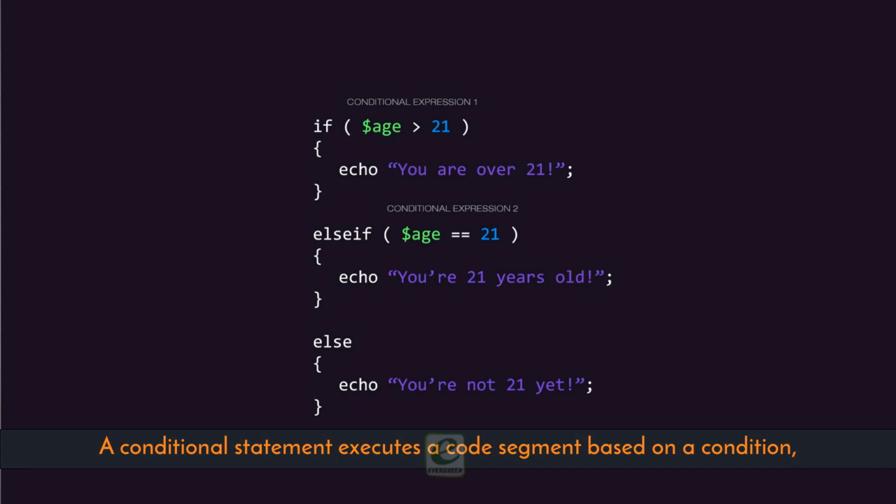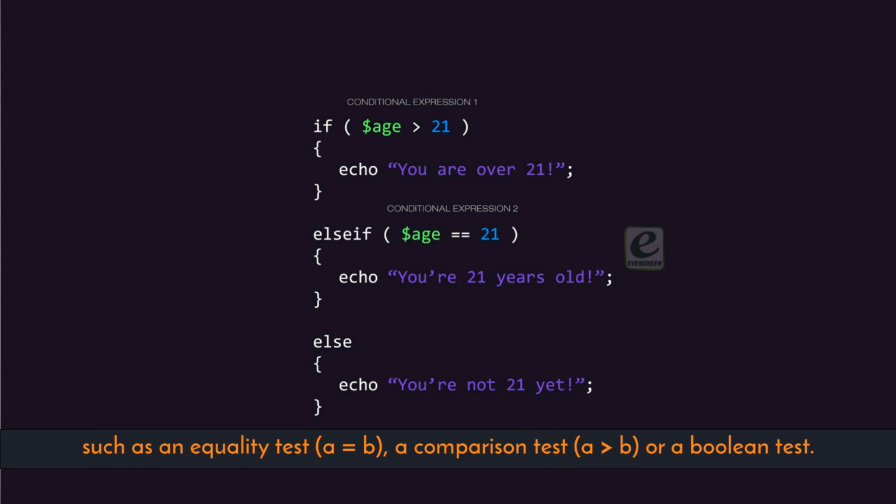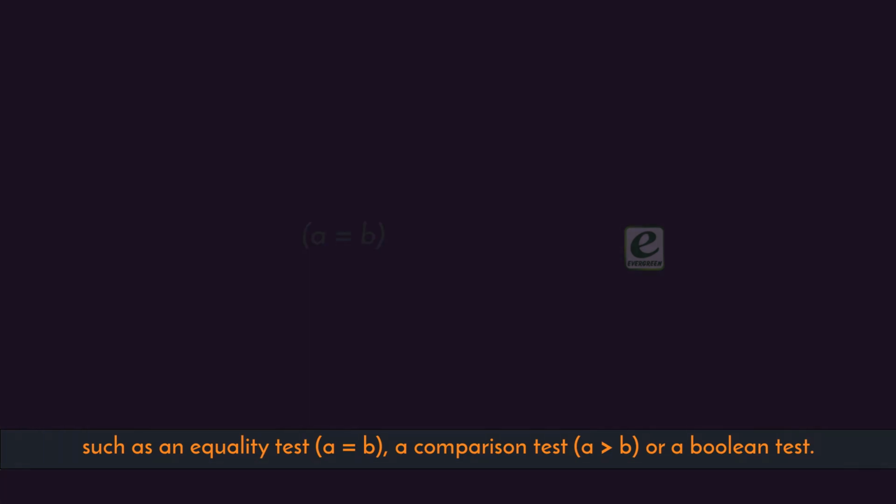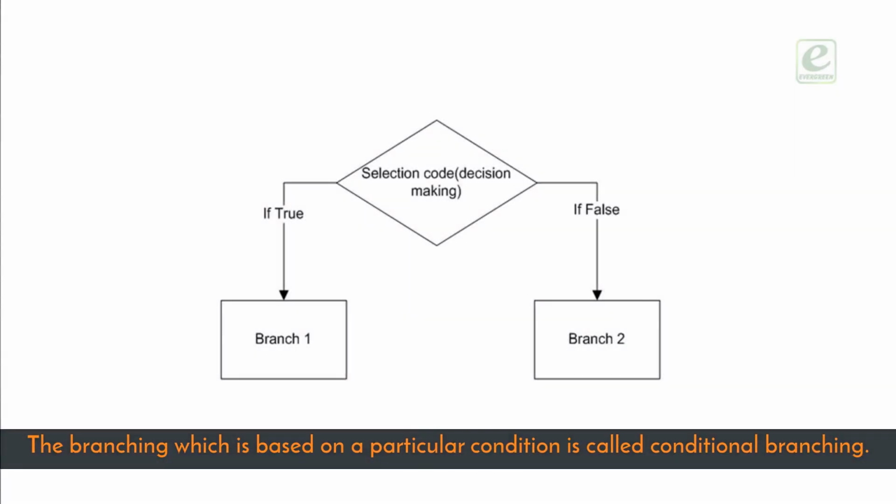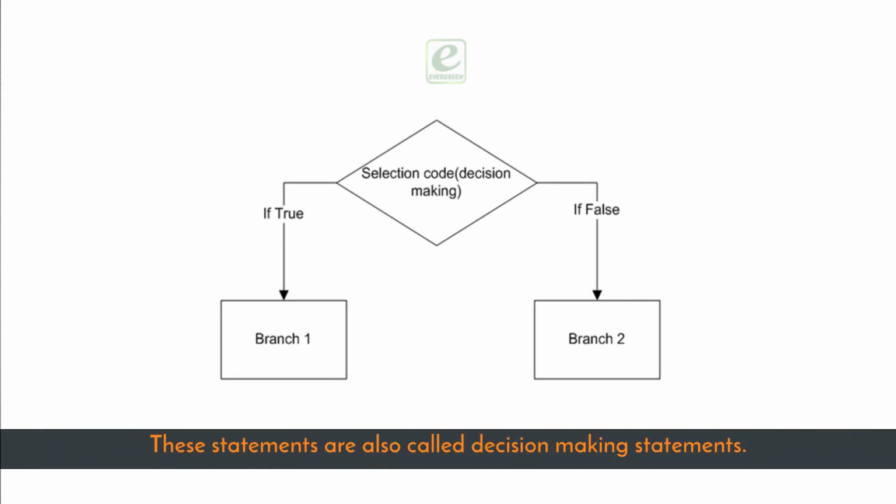A conditional statement executes a code segment based on a condition, such as an equality test, A == B, a comparison test, A > B, or a Boolean test. The branching which is based on a particular condition is called conditional branching. These statements are also called decision-making statements.